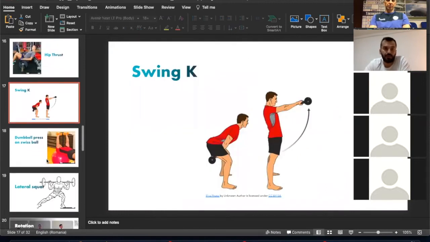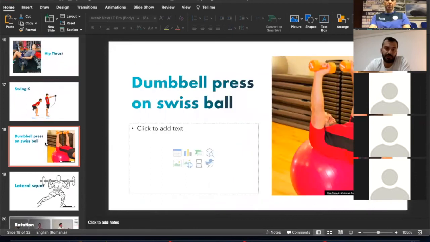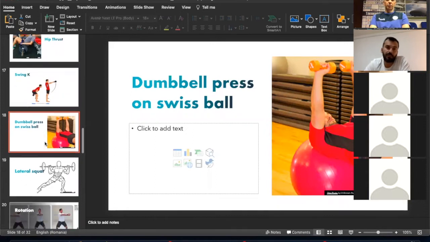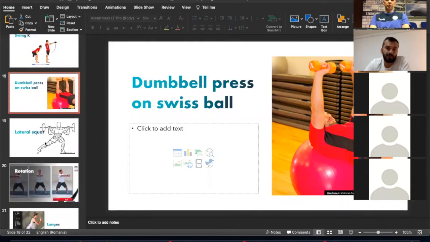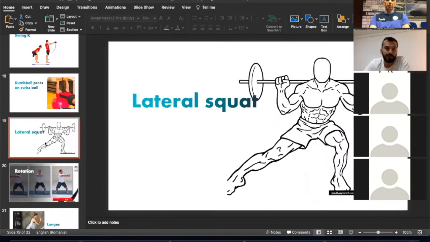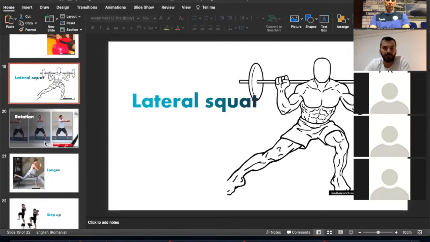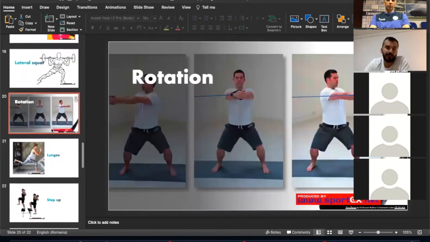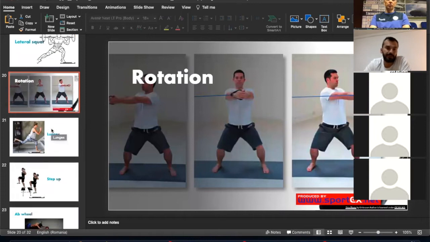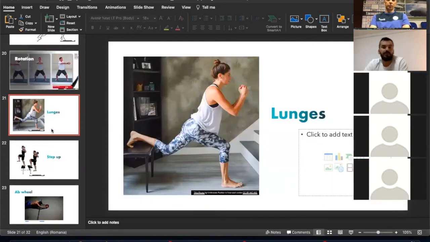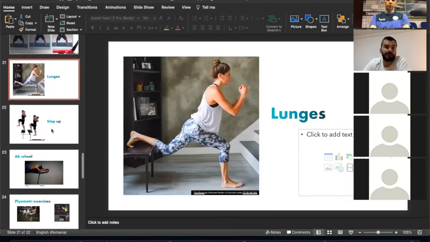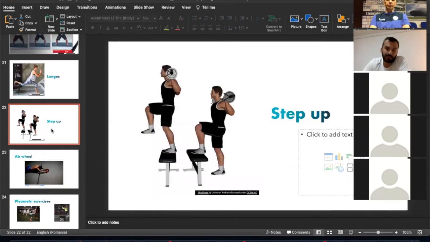I'm sure that you know, and it is to improve the core zone, which is very important for the pivot, and in handball also. Lateral squats, because all the time they push you from the side. It's important to have good strength for that. Rotation, a lot of exercises for rotations, for lunges. Almost all the time you are on one leg, so it's good to have good strength for that.